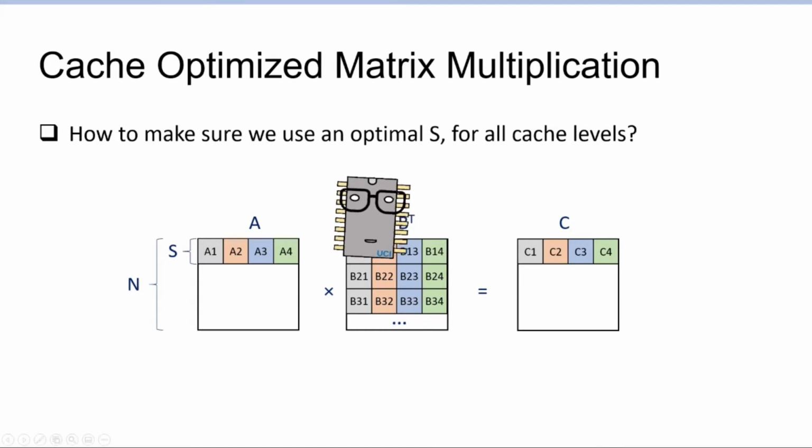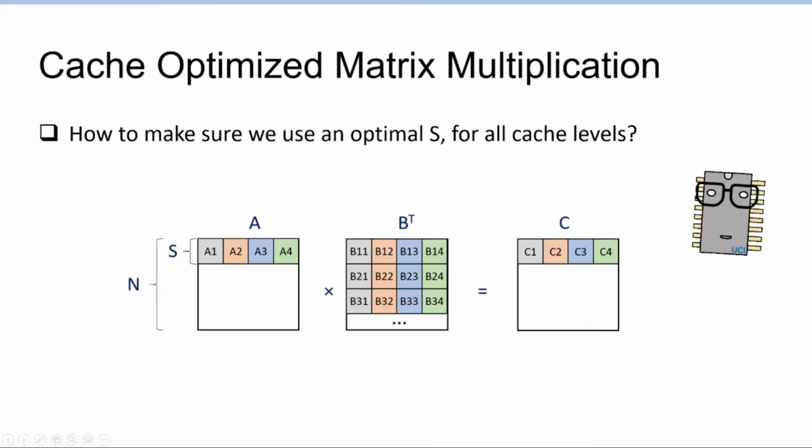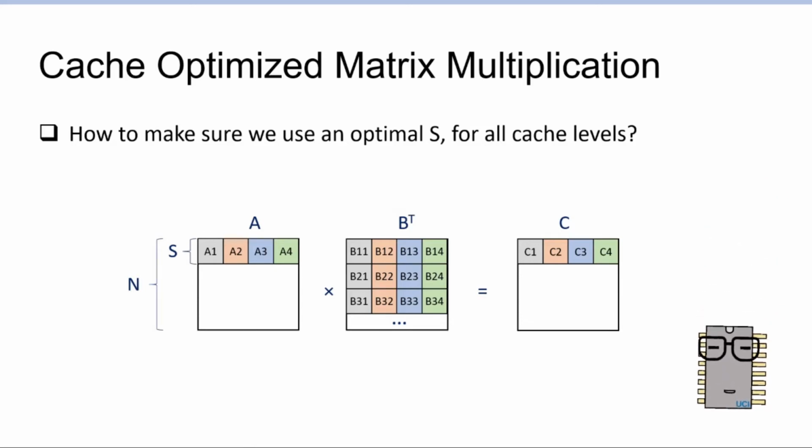Anyways, back to matrix multiplication. In the context of matrix multiplication, our question that we need to solve using cache oblivious algorithms becomes, how do we make sure that we choose the optimal value for S, the size of the submatrices, so that it works for all cache levels?